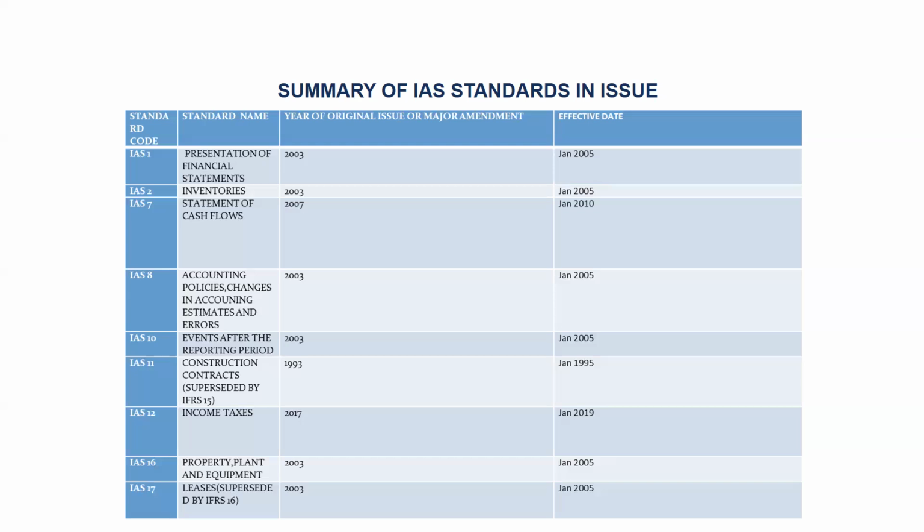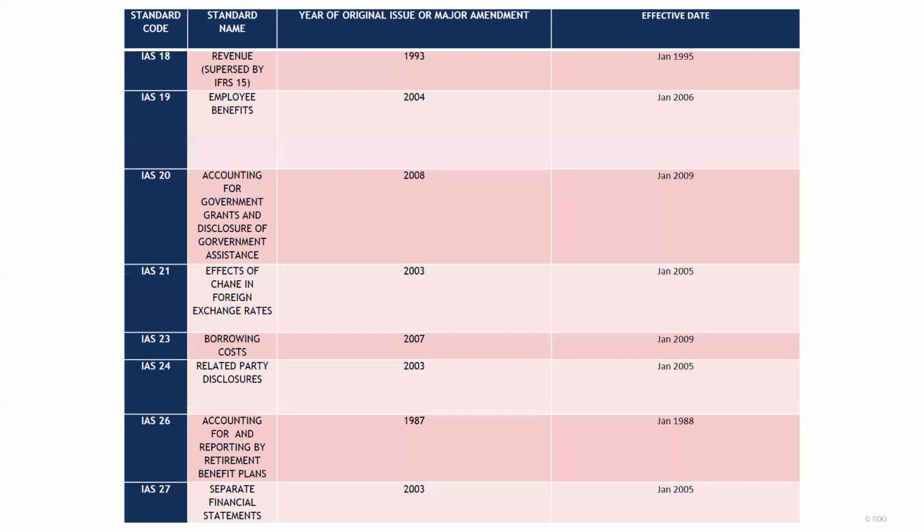IAS 17 dealt with leases, and we said it has been superseded by IFRS 16. IAS 19 deals with employee benefits, and this is a standard that was issued in 2004 with an effective date of January 2006. Specifically, the standard talks about three classifications of employee benefits.